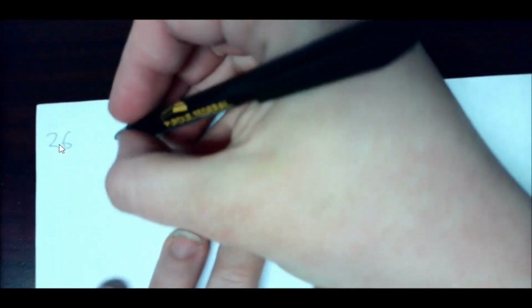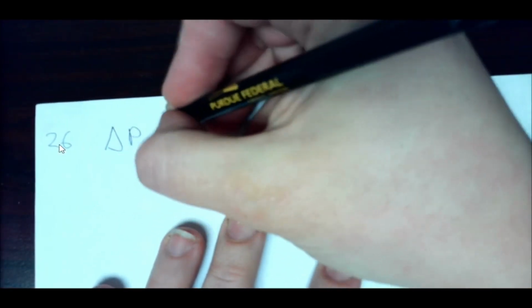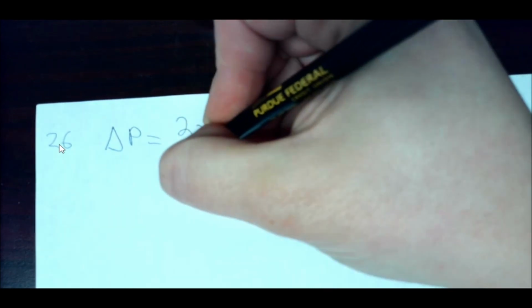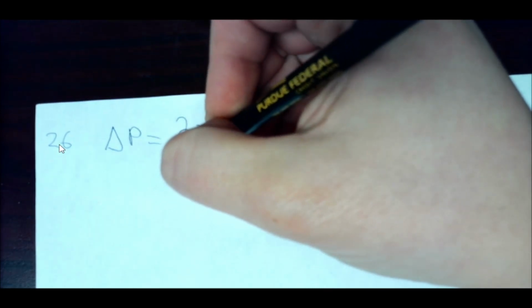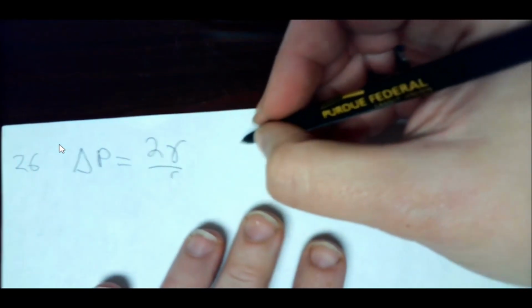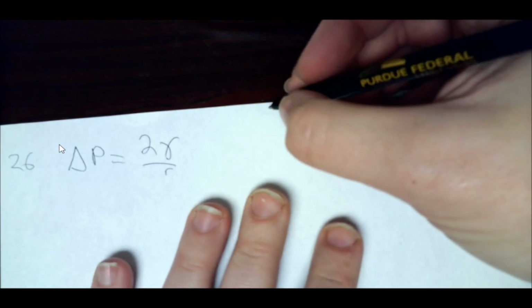We have to use the fact that the change in pressure is equal to 2 gamma over our radius.